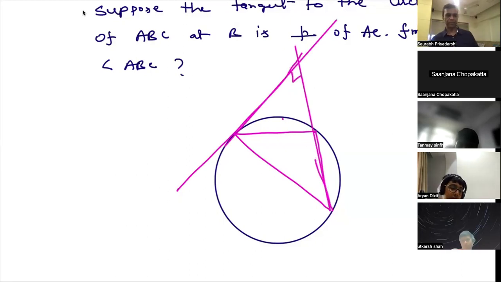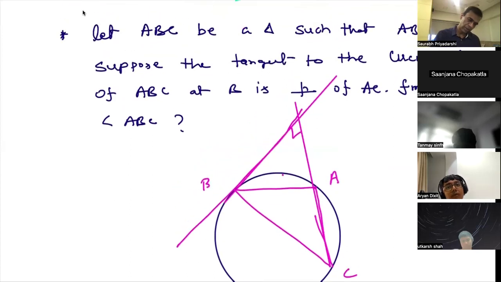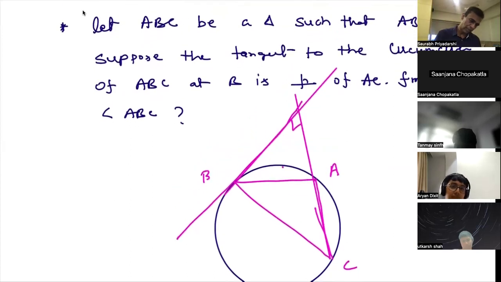Are you getting this? C and this point, let this point be P. Is this okay?